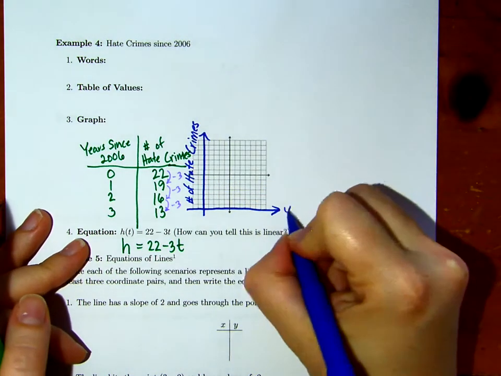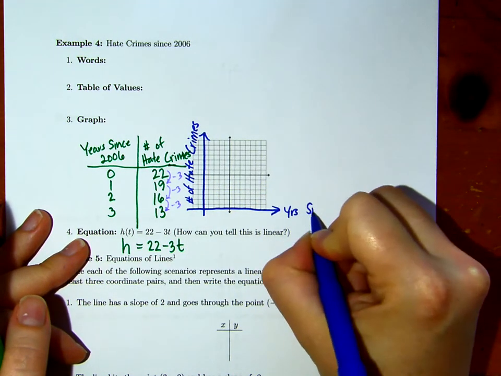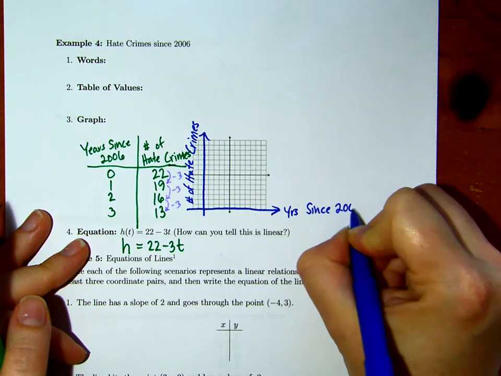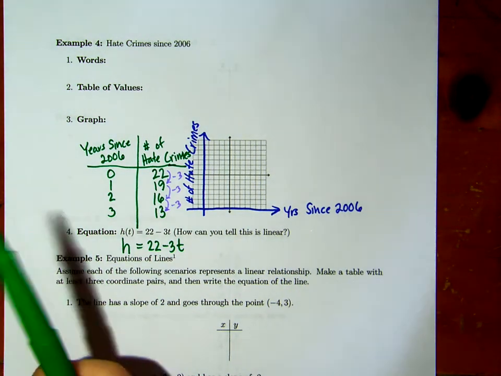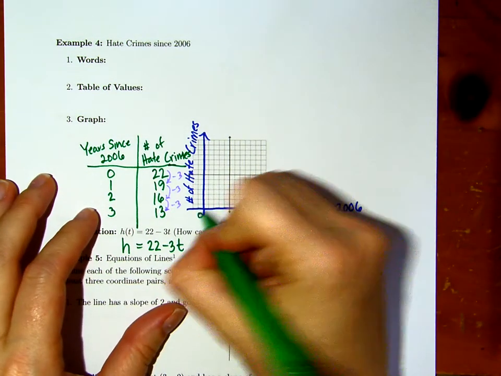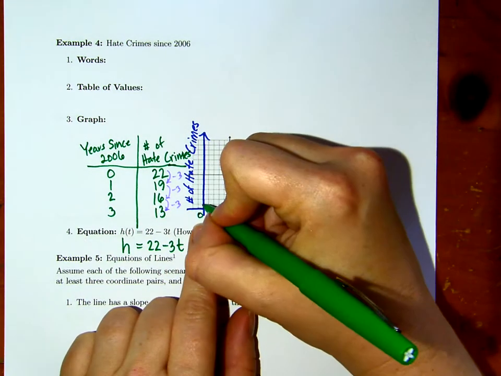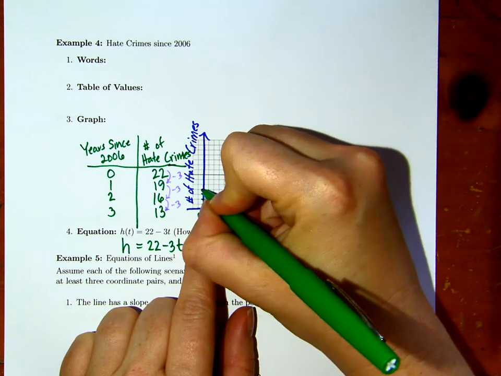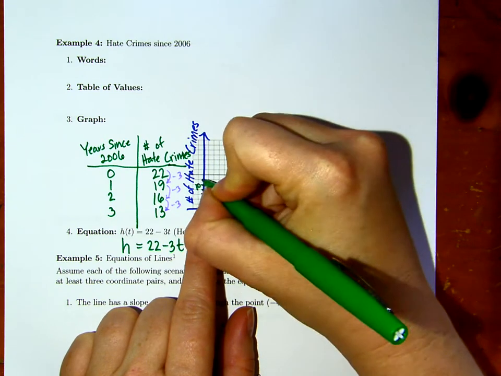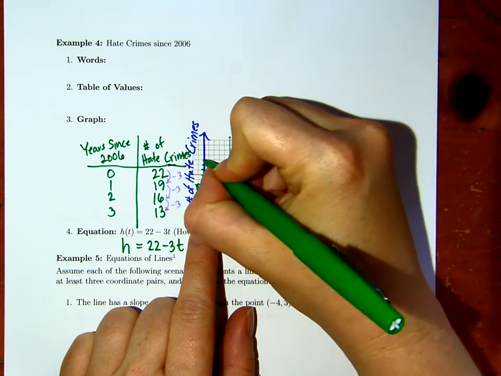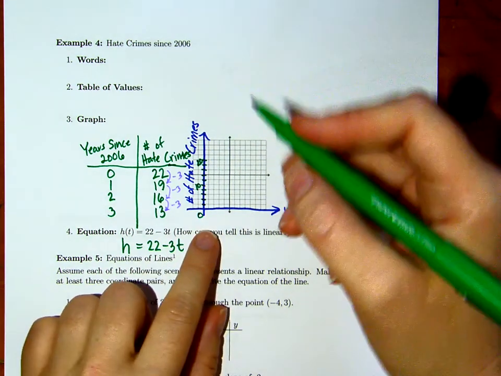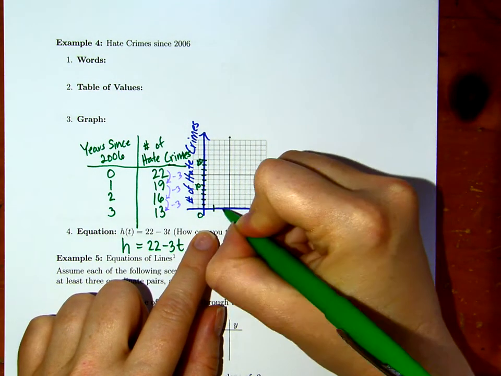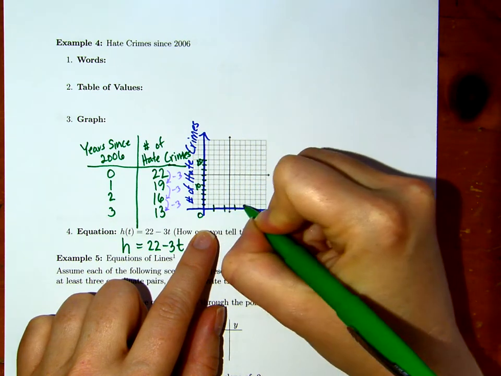And this is years since 2006. Good to go? We always start at 0, and I said we're going to count by 2. So 2, 4, 6, 8, 10, 12, 14, 16, 18, 20. Got it.